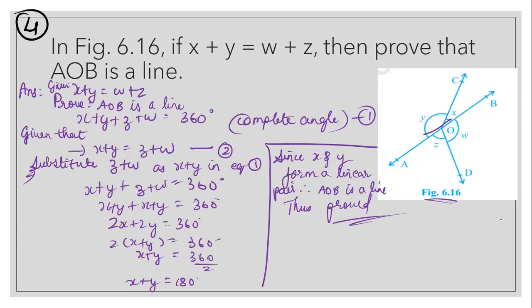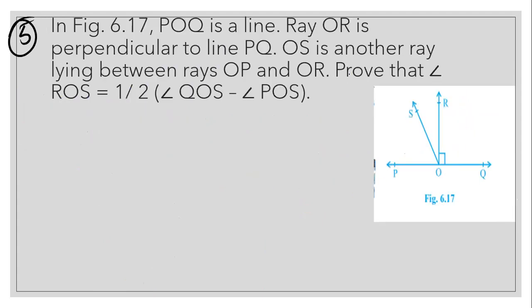Okay, so this is question number 4. Moving on to question number 5. Don't worry guys, just 2 more questions. Okay, that's it, done. So this is a very, very important question. Question number 5: 100% it can come for exam, or maybe a similar type of question can come for your exam, because it did for me in my class test.